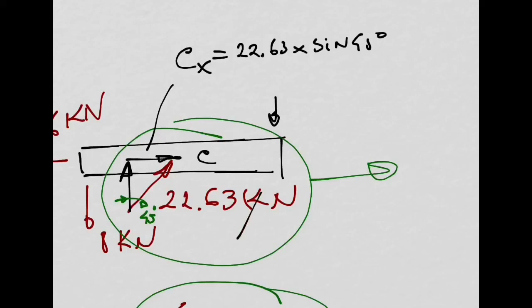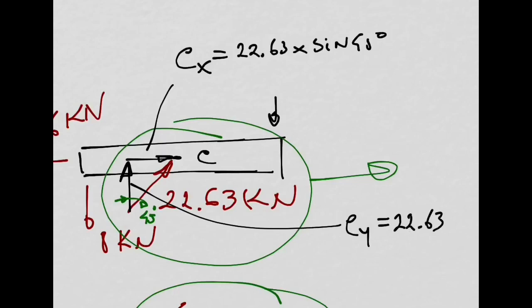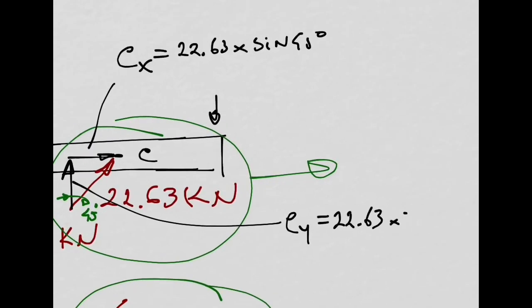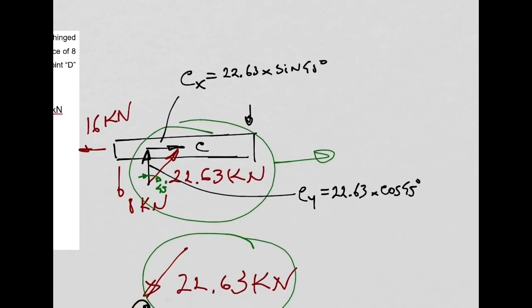And what about this vertical component, Cy? Is going to be equal to what? 22.63 cosine 45, which is equal to sine of 45, right? And this answers our question.